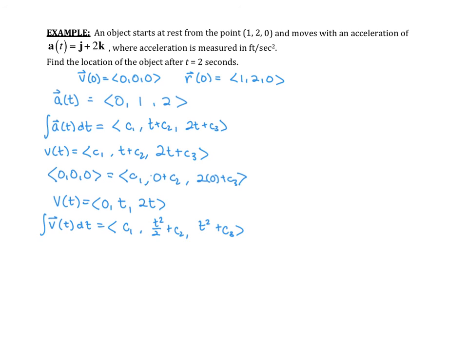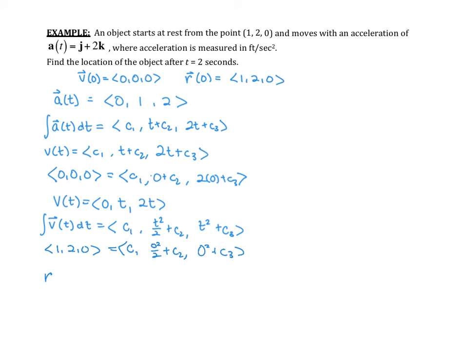And what I know is that the position at 0, so r of 0, is the vector (1, 2, 0). So when t is 0, C1, 0 squared over 2 plus C2, and 0 squared plus C3 need to be that position of (1, 2, 0), which means that C1 is 1, C2 is 2, and C3 is still 0.